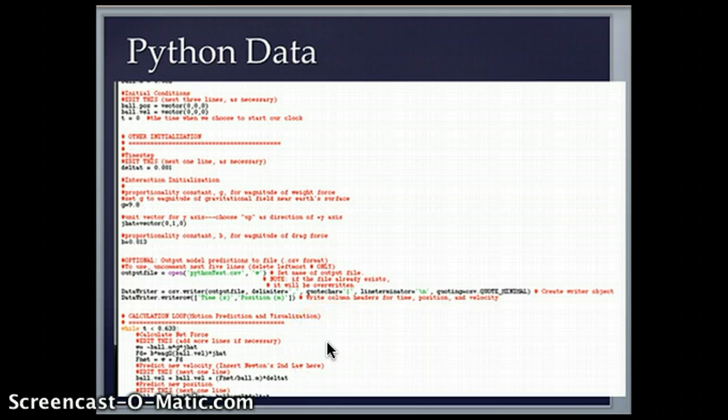Here is my Python data. This is the second round of Python, which includes drag force and gravity as components of net force.